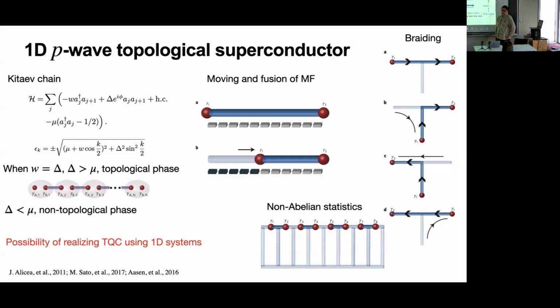Could you explain, because maybe I just don't understand, what is this T structure here? Yeah, so the T structures are like two pieces of P-wave superconductor. There are some complicated connections between here, but you can just consider it as two pieces of P-wave superconductor. Suppose that the topological nature of the P-wave superconductor can be controlled by modifying the chemical potential, so that this phase is non-topological and this phase is topological.